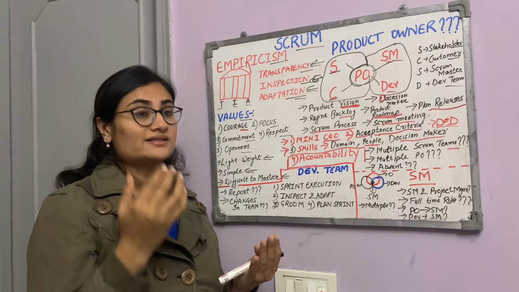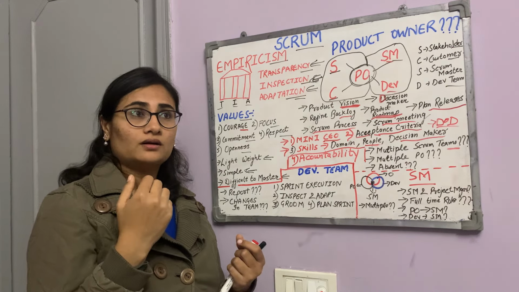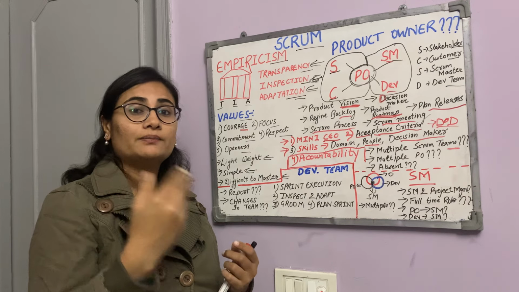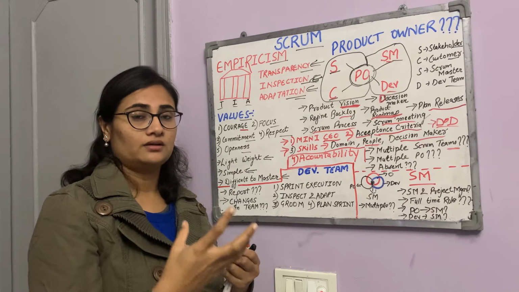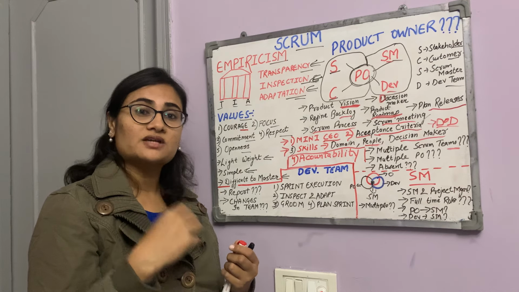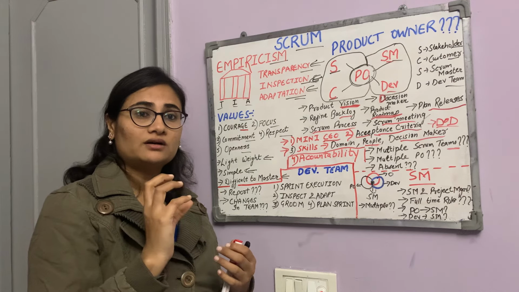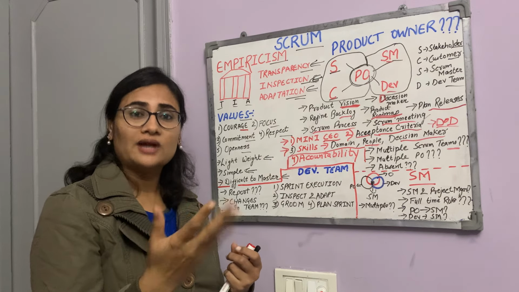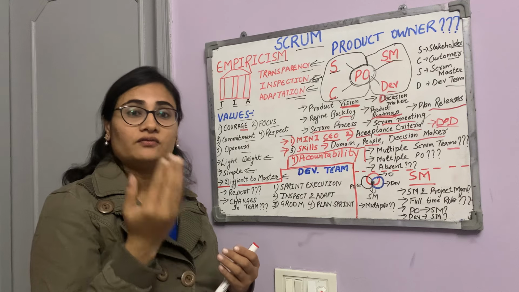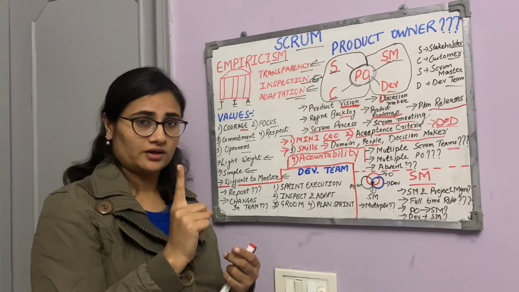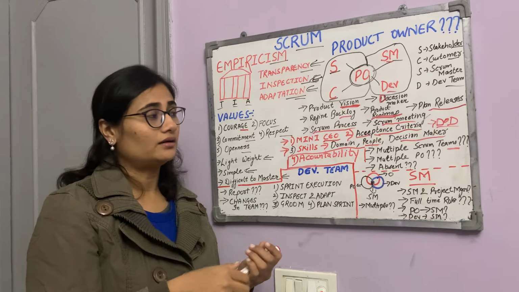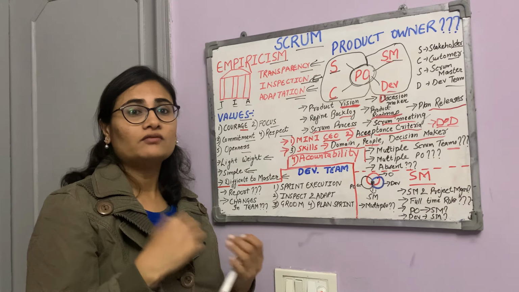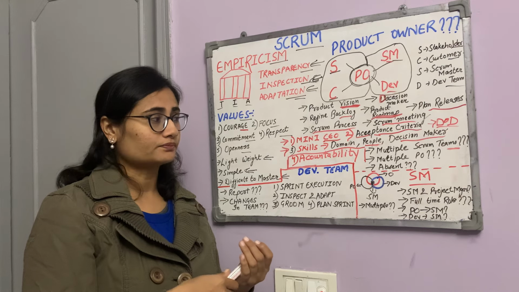But let's say in certain organizations, to handle one product, multiple Scrum teams are formed because they want to keep the team size at 3 to 9 members. And if you are developing one single product, then in such cases we can have one product owner.